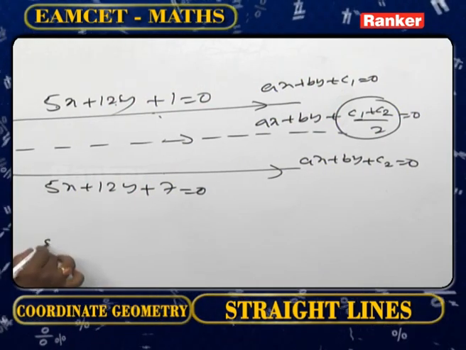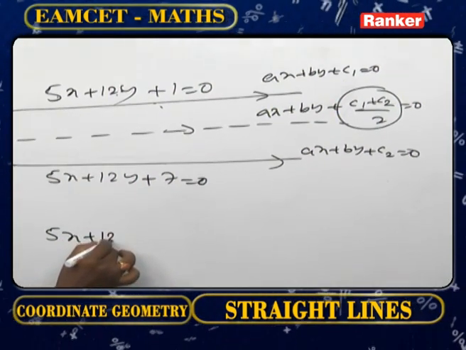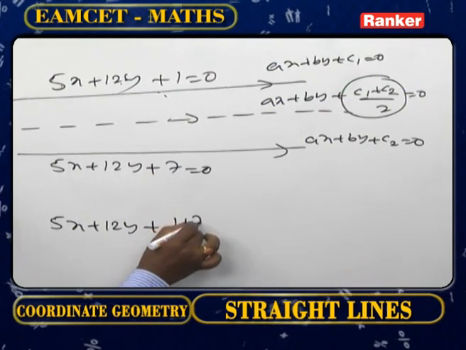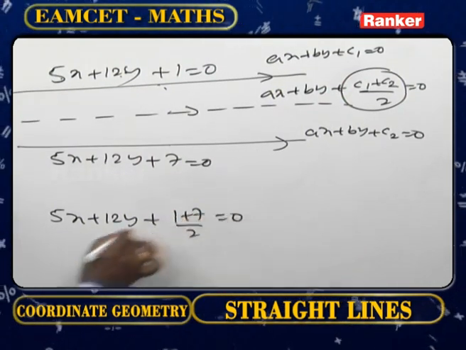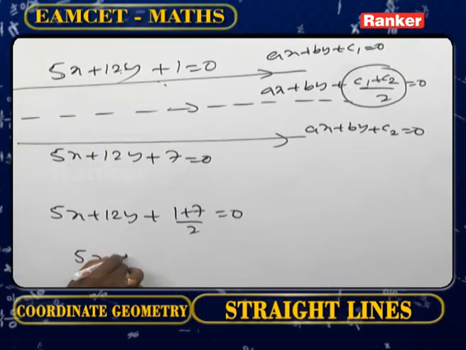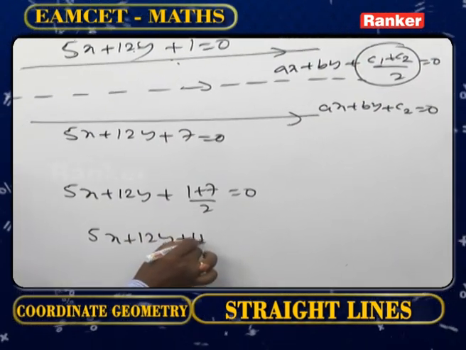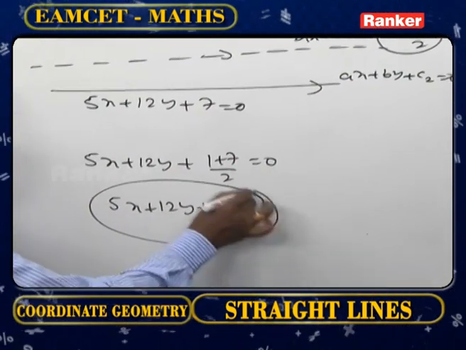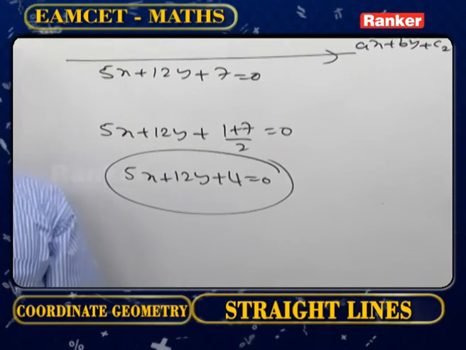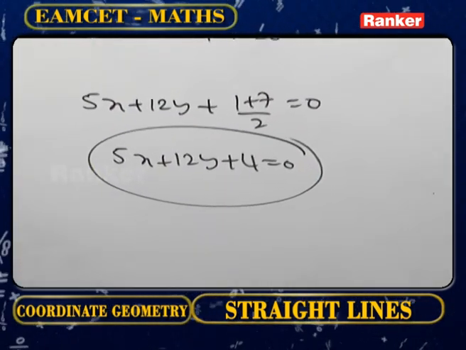Then the required equation is 5x + 12y + (1 + 7) by 2, which equals 5x + 12y + 4 = 0. The required equation of the line is 5x + 12y + 4 = 0, third option.